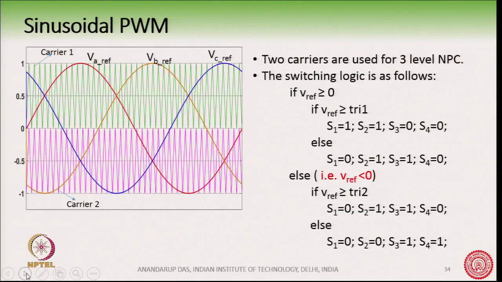Now, in sinusoidal PWM strategy for a 3 level NPC, we have 3 sets of sinusoidal modulating waveforms and carriers. Okay. Now, both level shift PWM and phase shift PWM can be used in 3 level NPC. Since it is a multi level converter, both these techniques can be used.